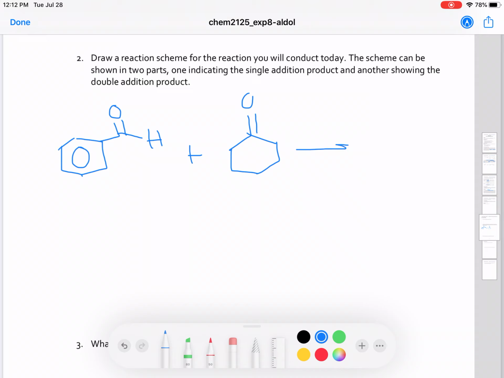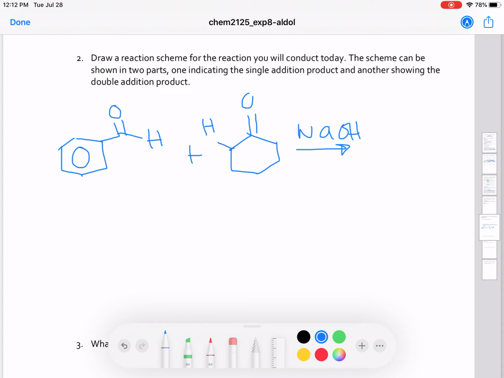Now you are asked to draw a reaction scheme in two parts. So you're going to be adding sodium hydroxide. In the first part, if one of the alpha hydrogens reacts, what is the product that you're going to form? You don't have to show the mechanism here, only the reaction scheme.